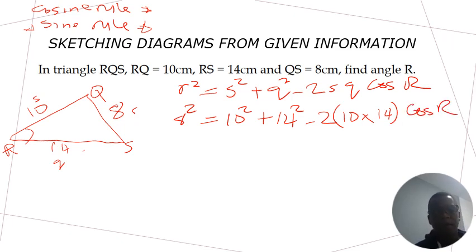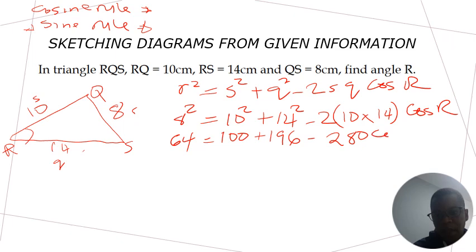Okay, so our 8 squared, that's 64, is equal to 100, and the 14 squared, that's 196, plus 196 minus 10 times 14 times 2, that's 280, minus 280 cos r.